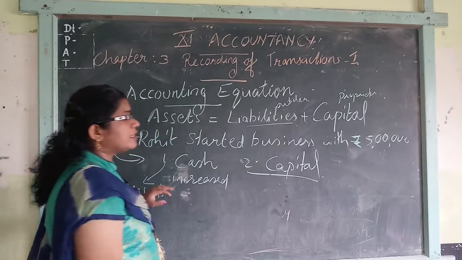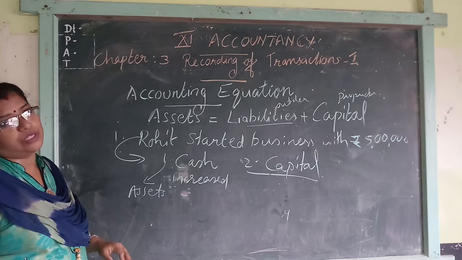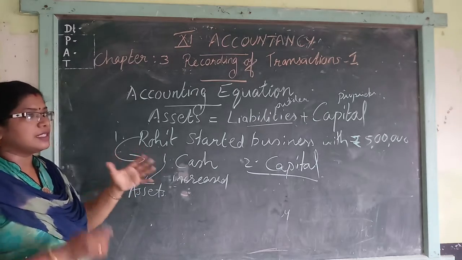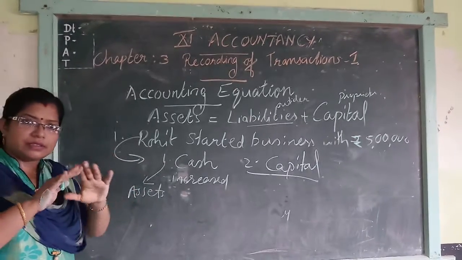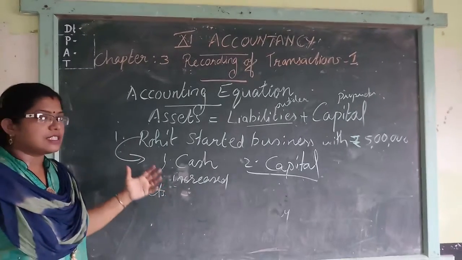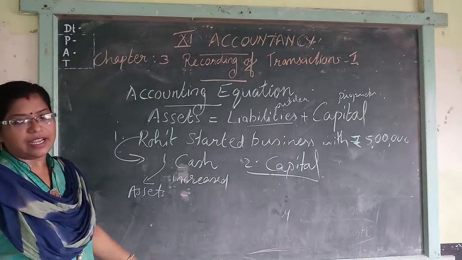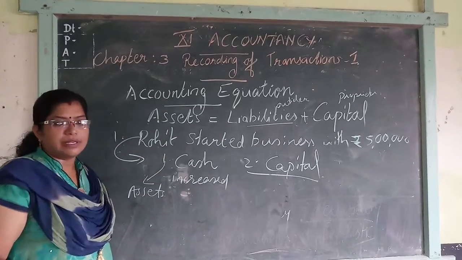This accounting equation is also called the balance sheet equation, because it depicts the position of the balance sheet. So how is the balance sheet affected? We can create a table like this.